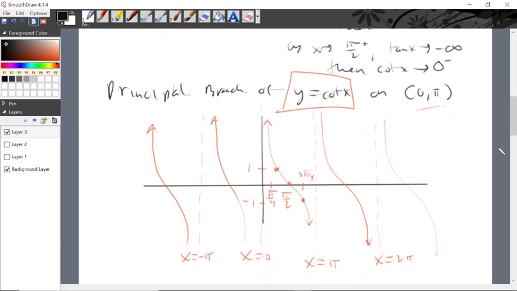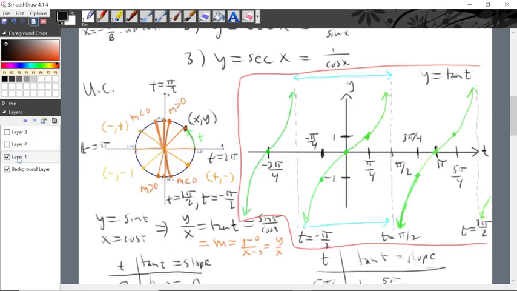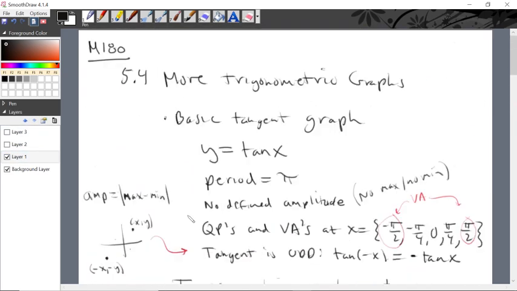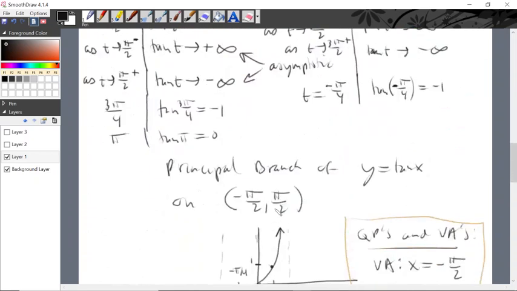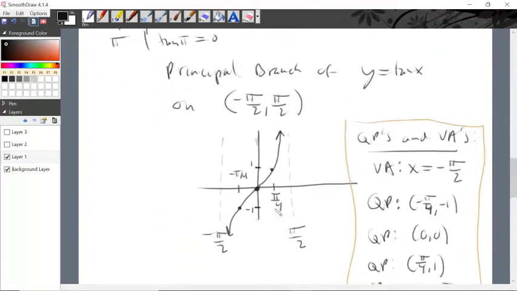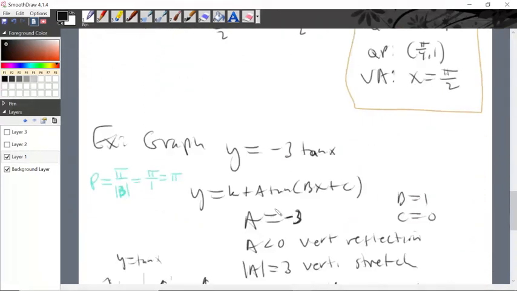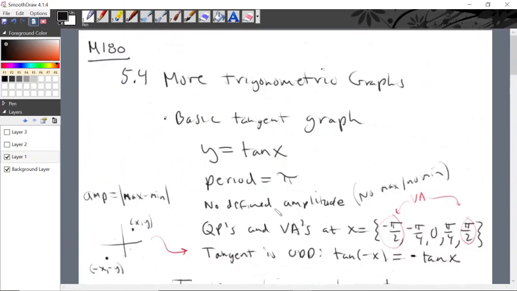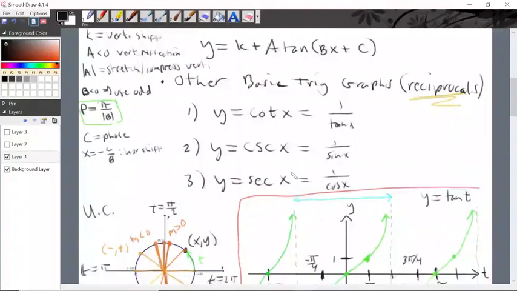All right, so you try out the homework and practice with these other trig graphs, mostly focusing on the tangent graph and some transformations of it, but also a little bit just knowing the basic, at least the basic reciprocal graphs as well, and maybe some minor transformations of them.